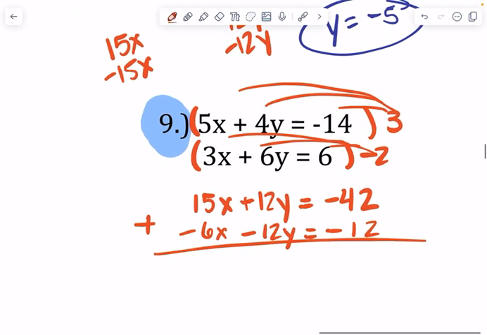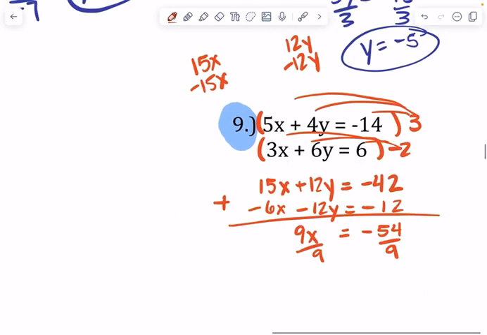Add them up. So 15 plus negative 6, 9x. 12 and negative 12 cancel, nothing there. Negative 42 plus negative 12, negative 54. Divide both sides by 9. So we get x to be negative 6.